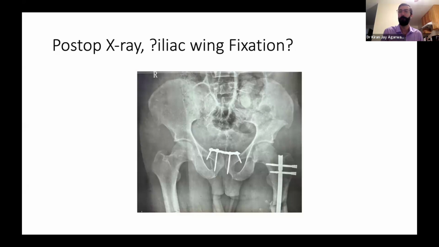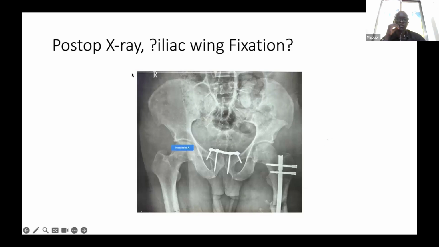Yes, if the patient presented acutely, that's what I would do, because I have to fix that, as it is extending up to the SI joint. So I would open this patient from the lateral window, fix the SI, fix the pelvic wings, and put also the plate that crosses the SI joint.